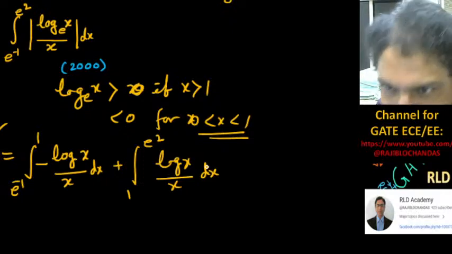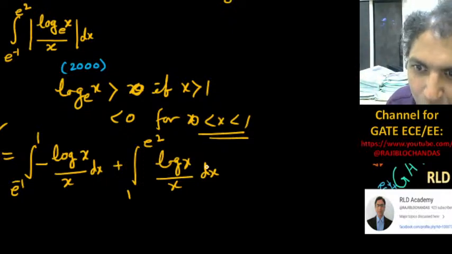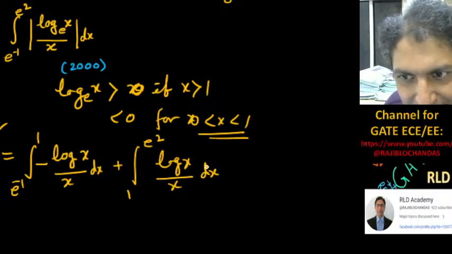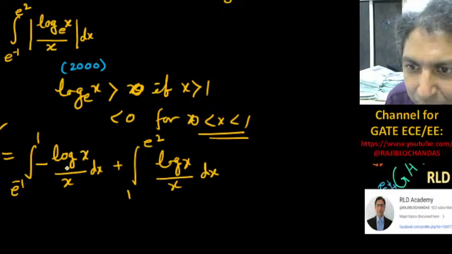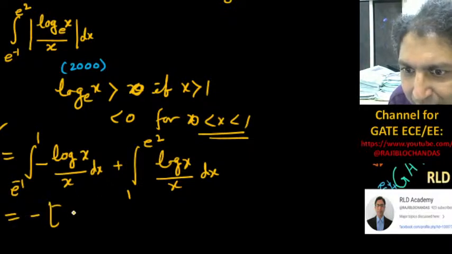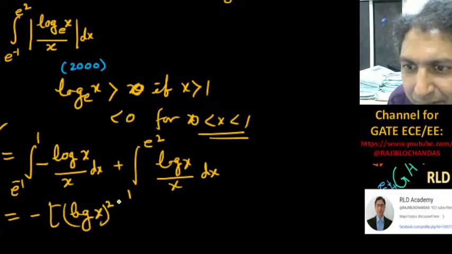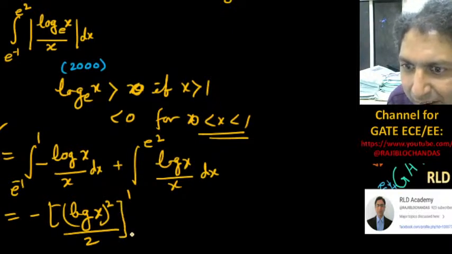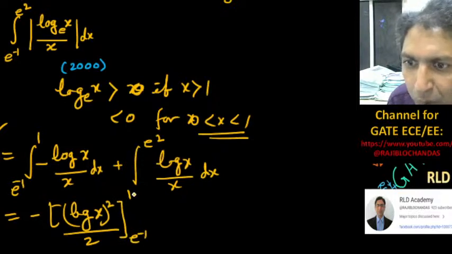Now I think you can integrate this one, that is very easy. If you put log x equals z, then dz will be 1 upon x dx. Thus the integration will be log x whole square by 2, because the integral of z dz is z square by 2, with the minus sign outside. The limit is e to the power minus 1 to 1.